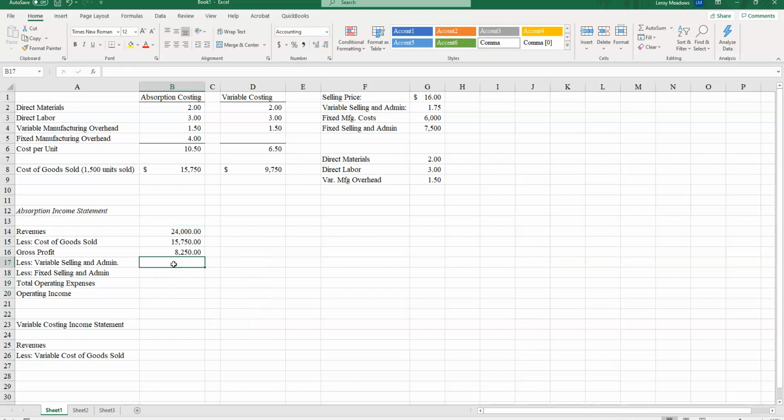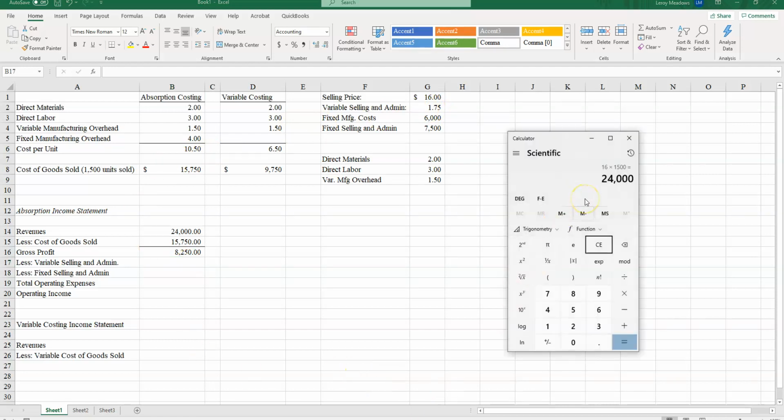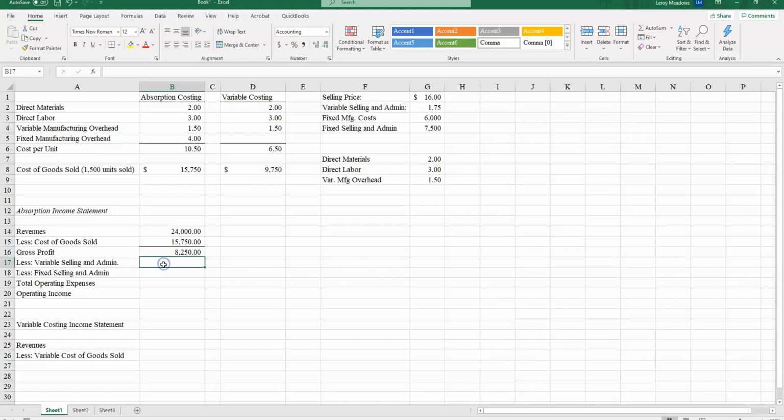Minus my variable and selling expenses. What were my variable and selling expenses? My selling and administrative expenses were $1.75 times 1,500. So what is that? It was $2,625.